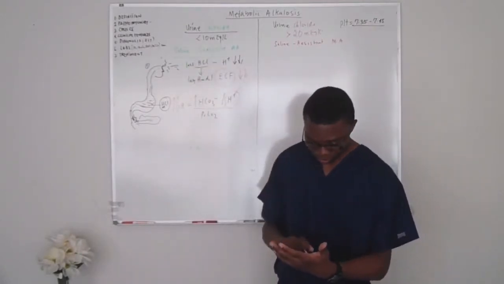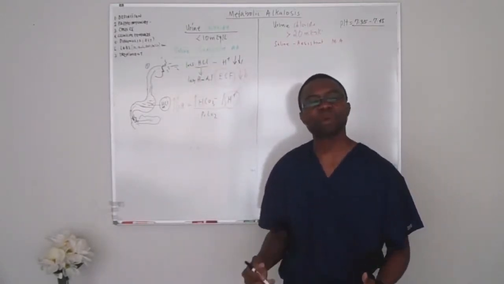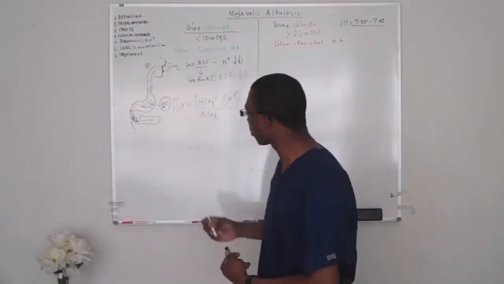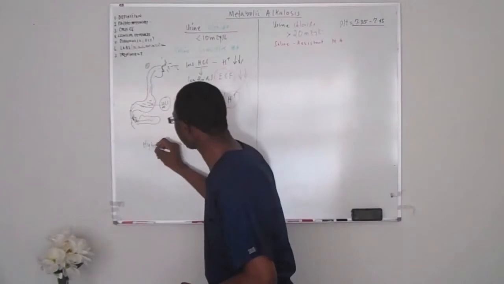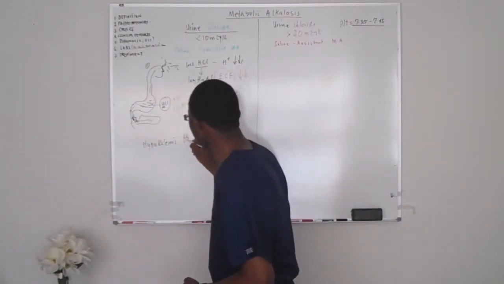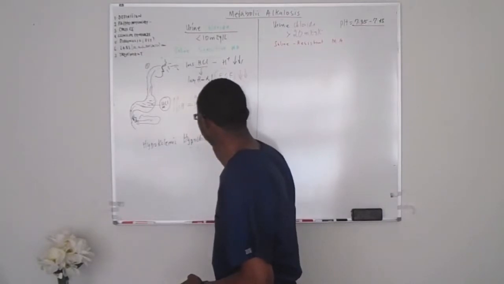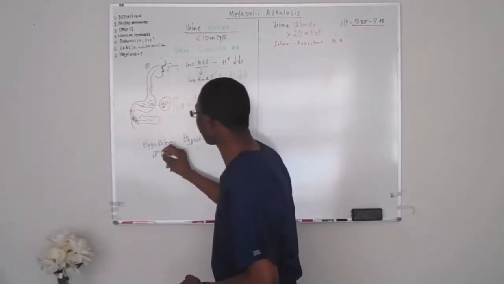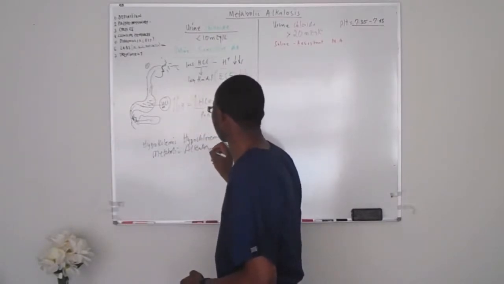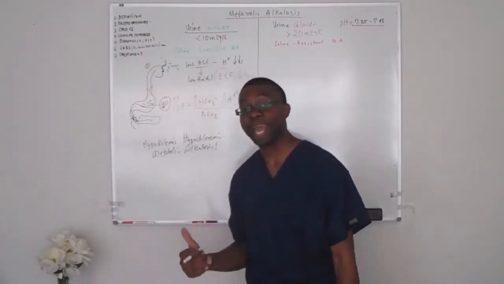But he vomited it out. You look at the lab, it's hypokalemic. His potassium is like 2.5. It's pretty low. So we call it hypochloremic metabolic alkalosis.